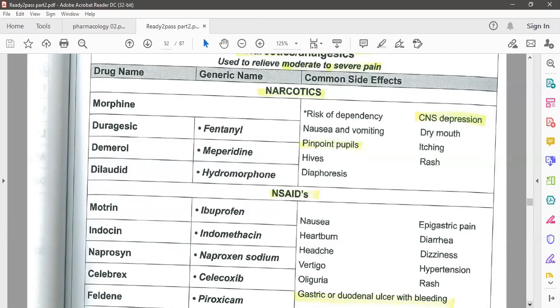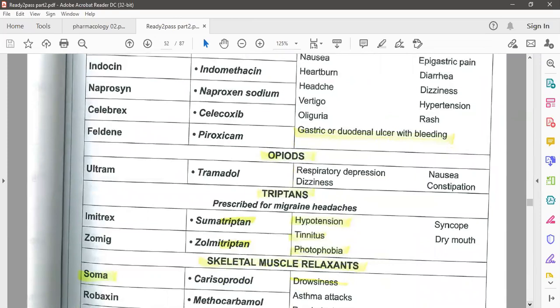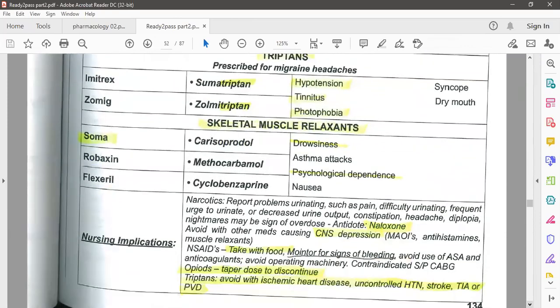So as I told you, one of the notes is naloxone. Here, the antidote of narcotics, for morphine or hydromorphone, meperidine, we use naloxone. A little bit about naloxone. The indication of naloxone is opioid overdose.